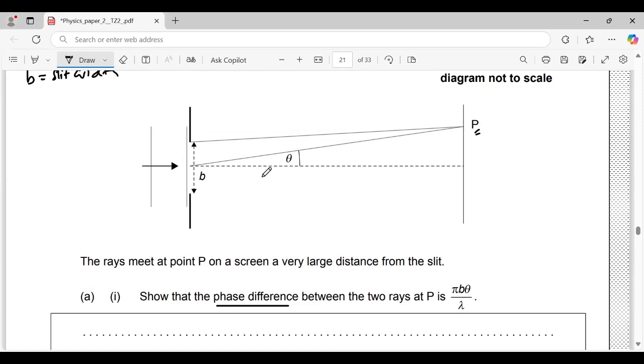Because the light rays are leaving from the top and the middle of the slit, the distance between this point and this point is b half. So this is b half and this is b half.